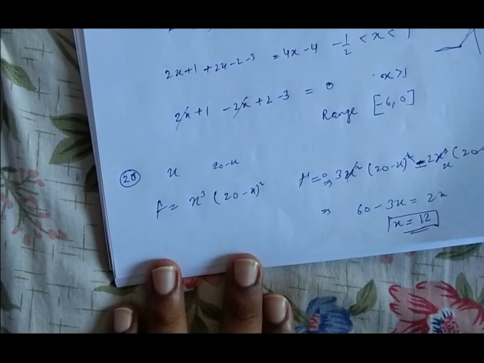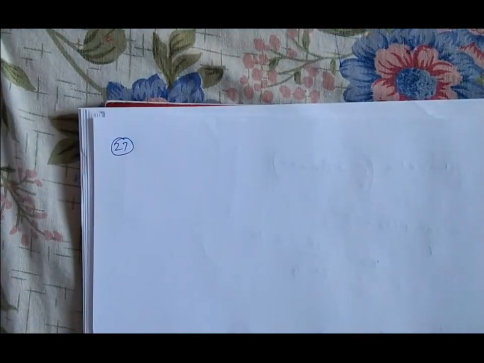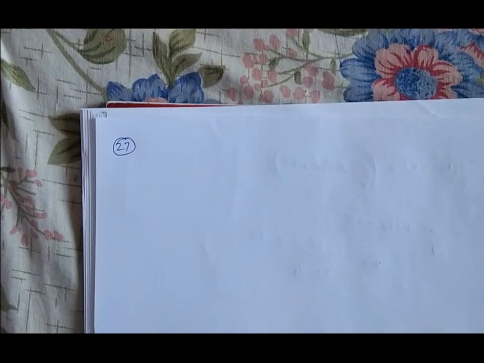Okay, moving to question number 27. So question number 27 says, if f(x) and g(x) are continuous functions in [a, b], and they are differentiable in (a, b), then we need to prove that the determinant of fa, fb, ga, gb is equal to this.